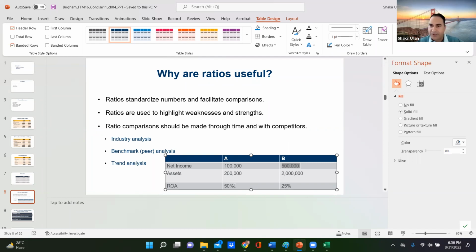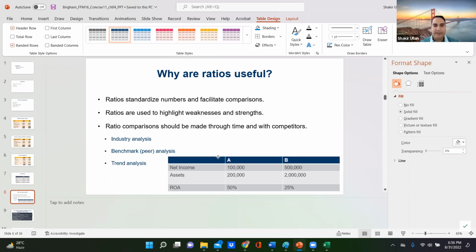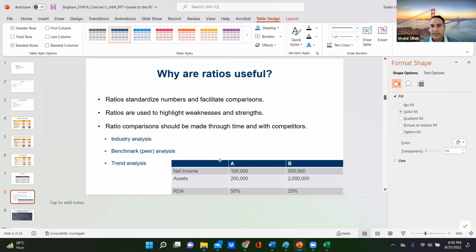We have to look into other ratios and other information to establish with probably more certainty which company is better. That's just one example to understand how ratios can make the analysis more simplified. That's why we conduct the ratio analysis.